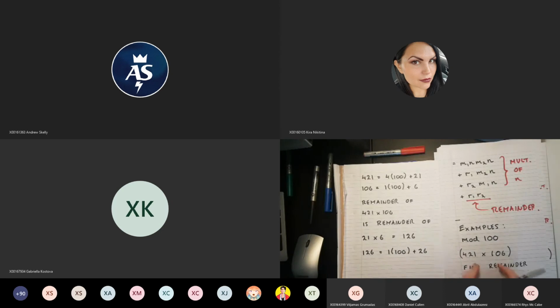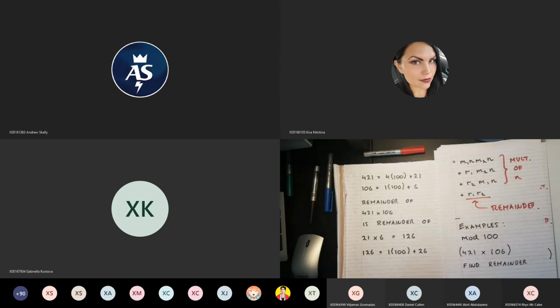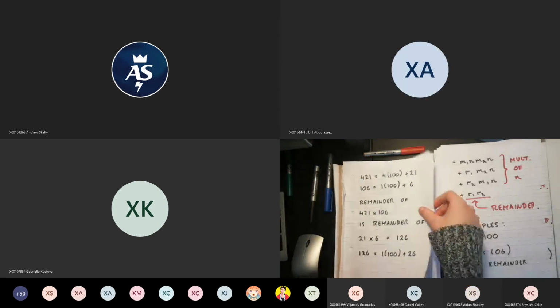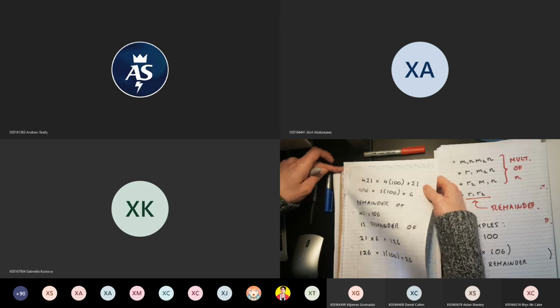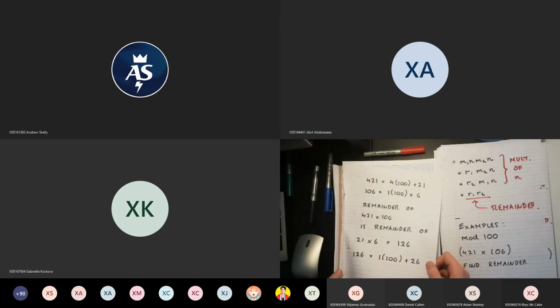I have no idea what this number is. I haven't written it down at all, but I can say with absolute certainty that it has a remainder of 26 when I divide it by 100. And that's a very useful property. So let's do a couple of simple examples, and I'll show you now how to get this breakdown.